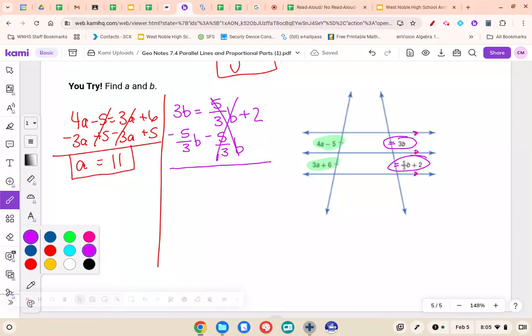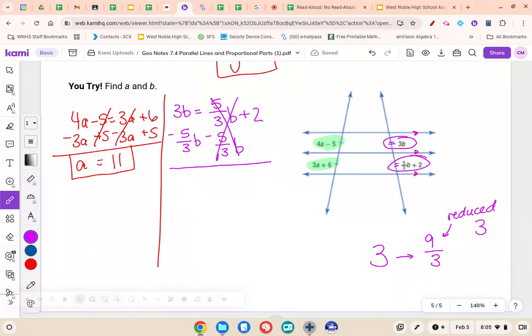Now, if you have some fraction sense, you know that you can write 3 as the fraction 9 over 3, because if you were to reduce this, it is 3, right? We needed a common denominator, so I just multiplied both of these by 3 to get that.